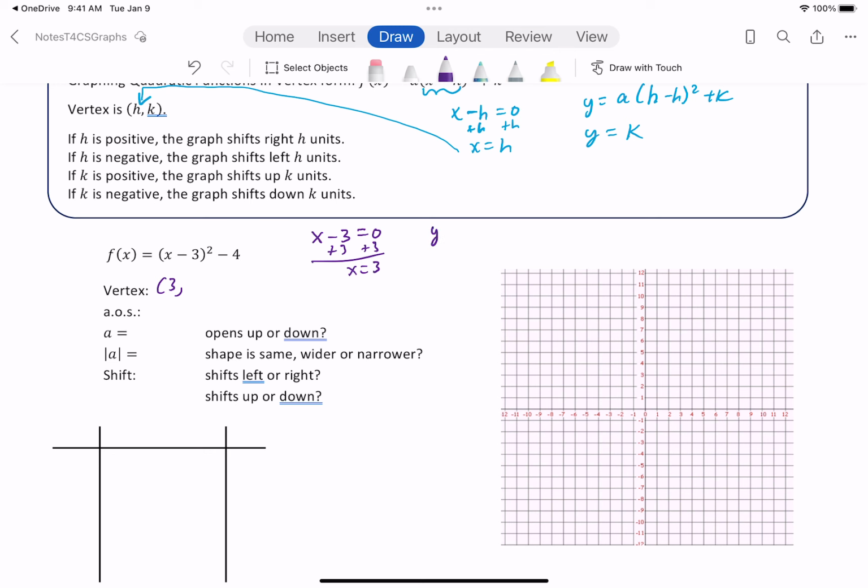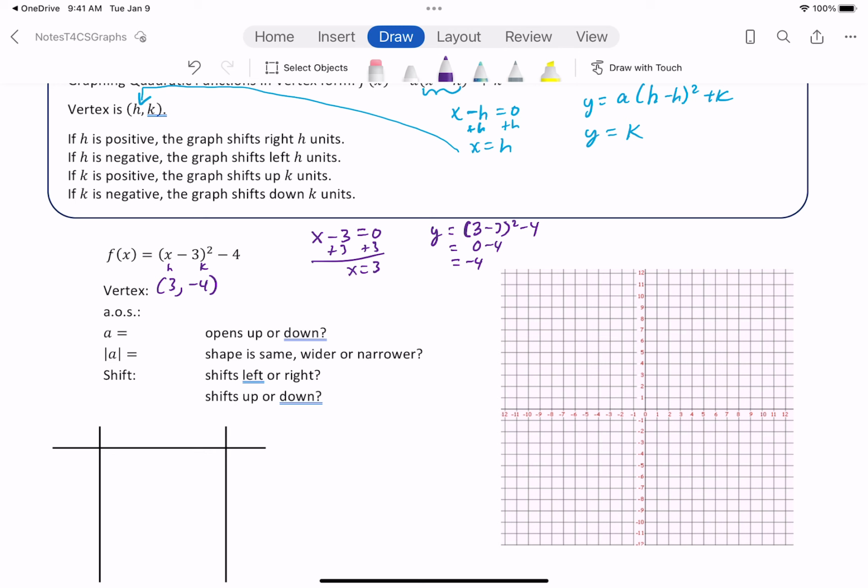And then if I plug that back into my equation, substituting 3 for the x, 3 minus 3 is going to be 0, minus the 4 is negative 4, so that's the y-coordinate of my vertex. And you can go ahead and write h and k above those if you want, because we're going to need them to talk about the shift.